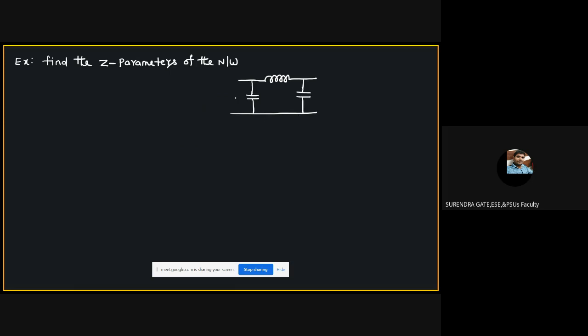Okay, this is 1 farad. This also 1 farad. And this is 1 Henry. Find the Z parameters.